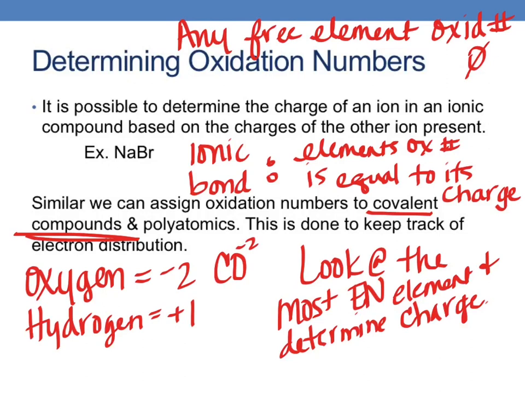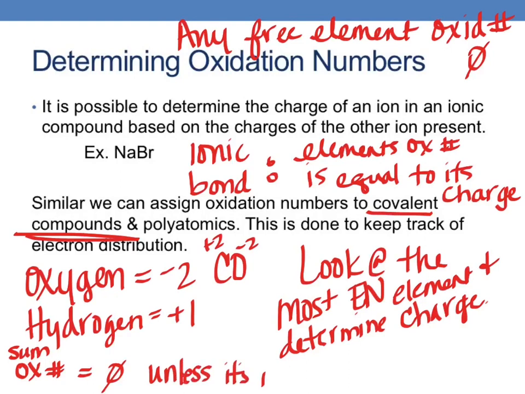So the oxidation number of carbon has to be a +2, because the sum of your oxidation numbers has to equal 0, unless it's an ion. And we're going to talk about that, a polyatomic ion.